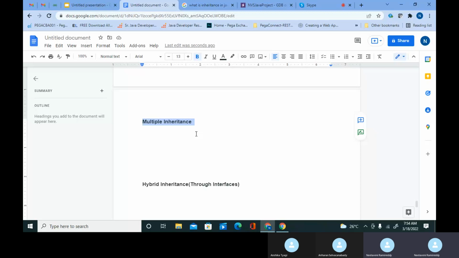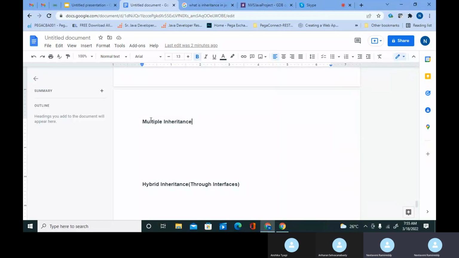Anishka also told this before. Extending class by class, stage by stage, level by level, is called multi-level inheritance. Those kinds of inheritance we call multi-level inheritance.